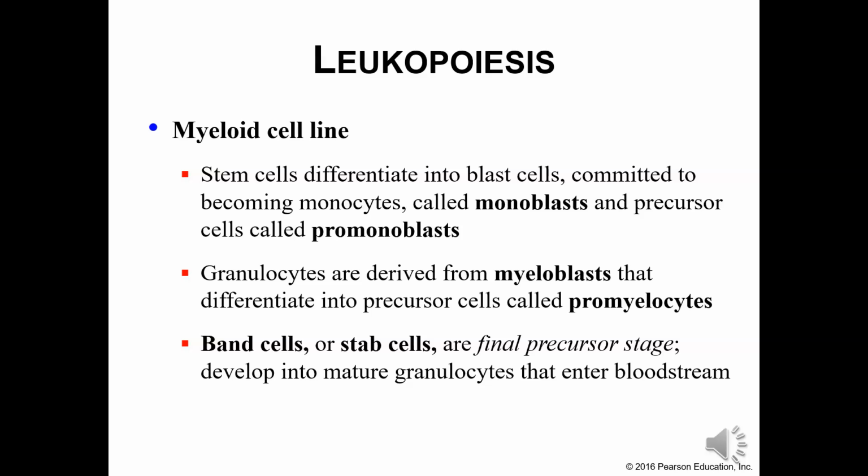You also have band cells, which are your final precursor stage for many of your myeloid cell lines. And these then develop into granulocytes like a neutrophil, a basophil or an eosinophil that then enters the bloodstream.